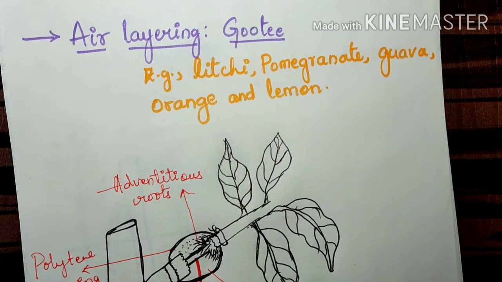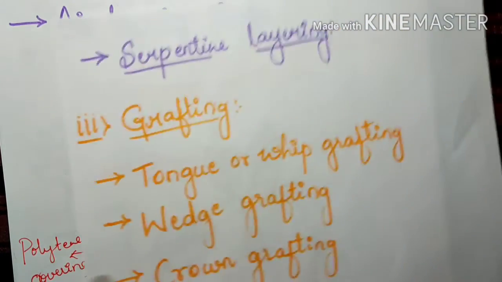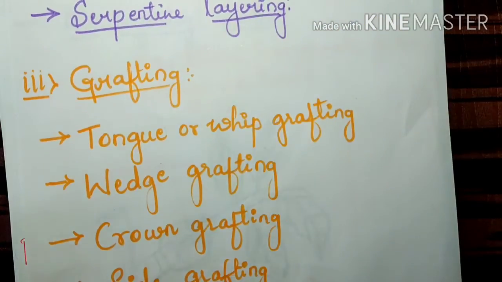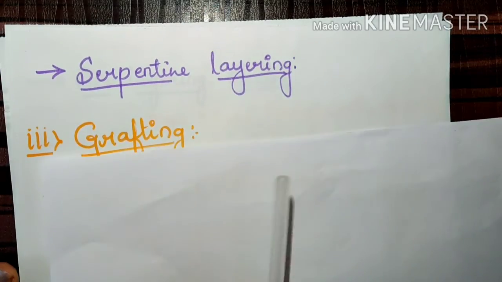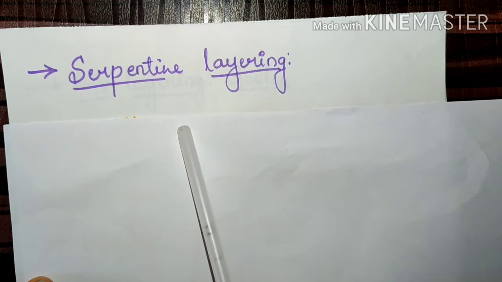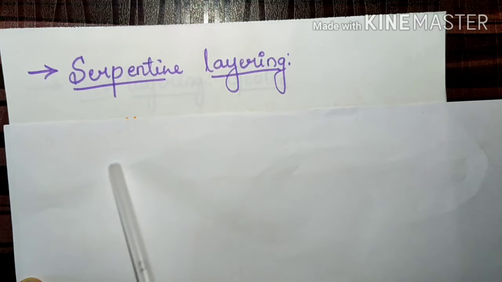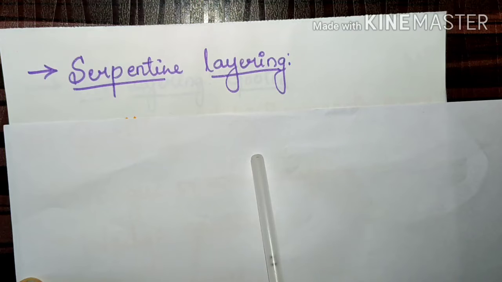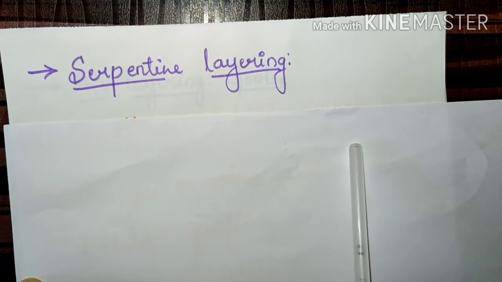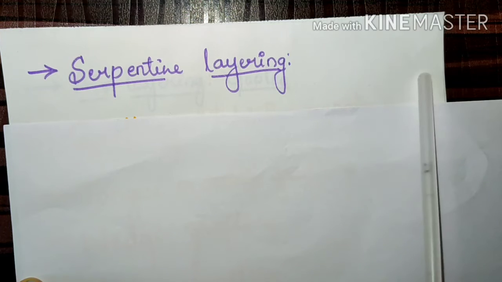So the next we are going to study is the serpentine layering. You can see here is the serpentine layering. In the serpentine layering, a single branch of the plant is pegged at several places so as to form many plantlets.